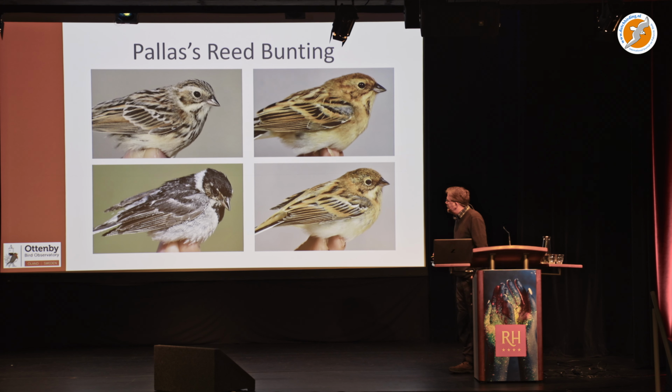One thing that we should mention here that we see on the lower left bird is that there are actually some signs of ongoing molt. And it is true that they leave the breeding grounds in more or less unmolted plumage, but it's not unusual that the bird has performed some molt of the body feathers.